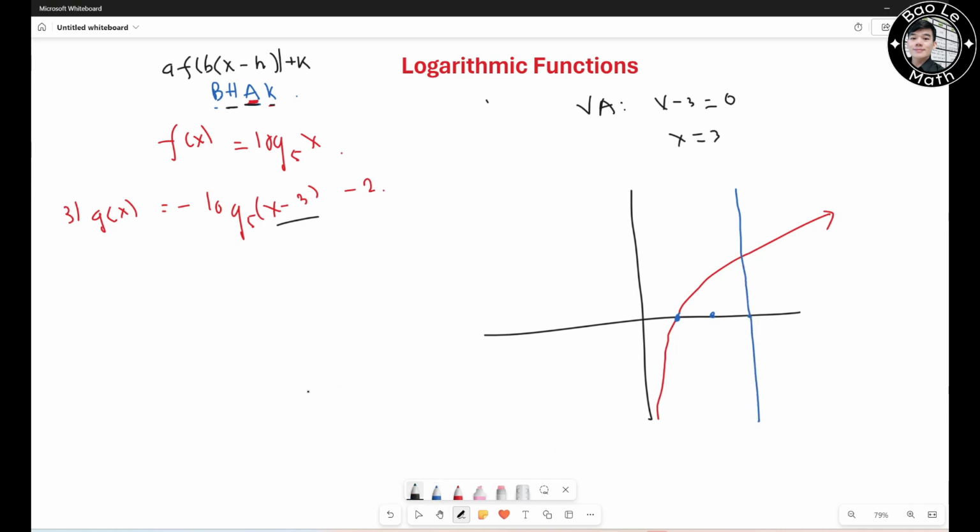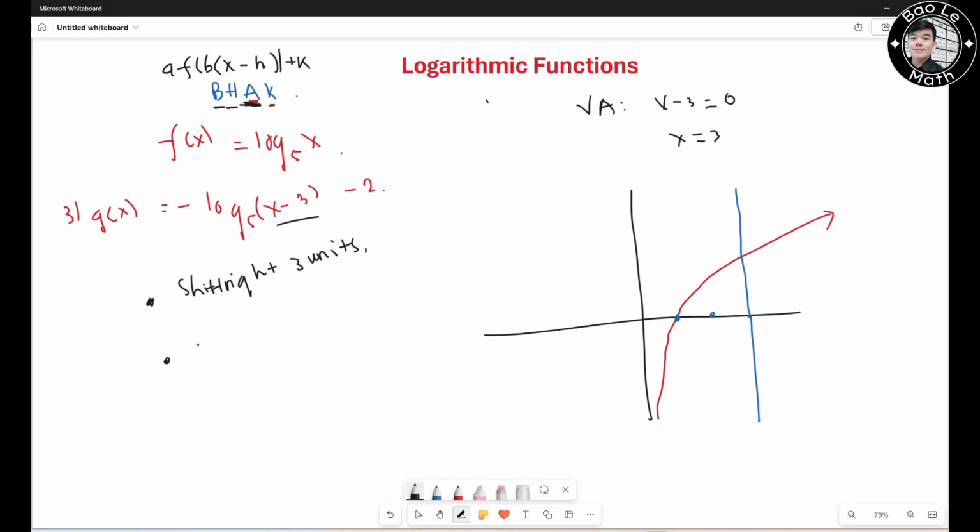Alright, so now I look at this one. I need to do horizontal dilation first, b. So there is no horizontal dilation. I skip this one. Next one, horizontal translation, right? So actually the function f of s shifts 3 units to the right, right? Now next one, we're going to talk about the vertical dilation, right? So there's no vertical dilation, but there is reflection right here, negative 1, right?